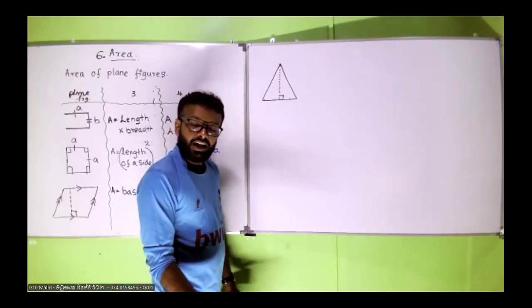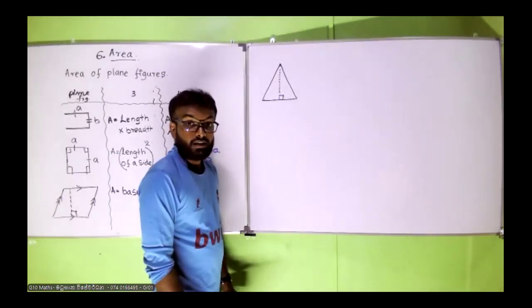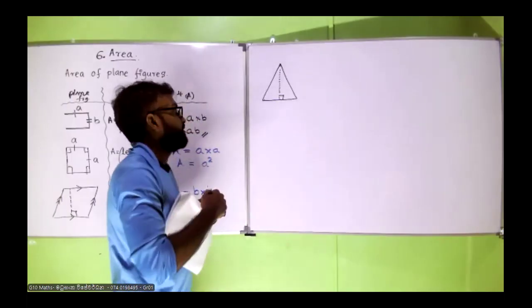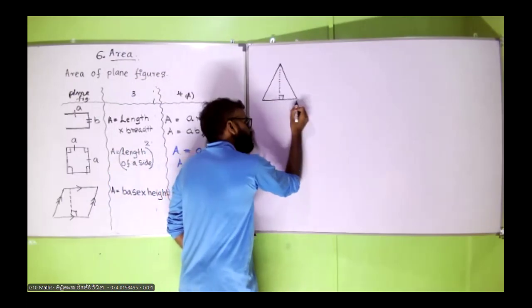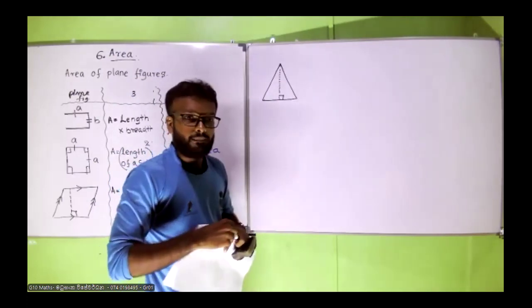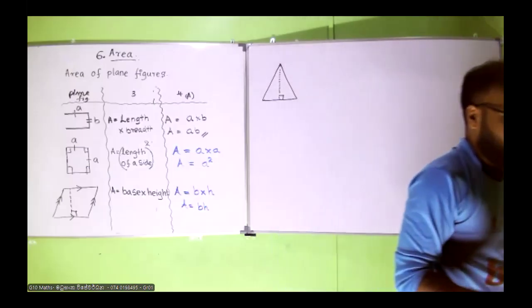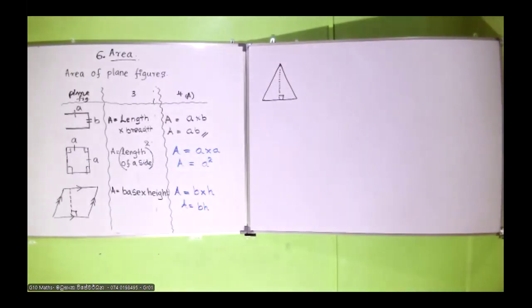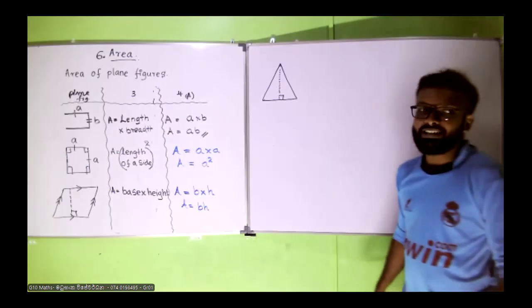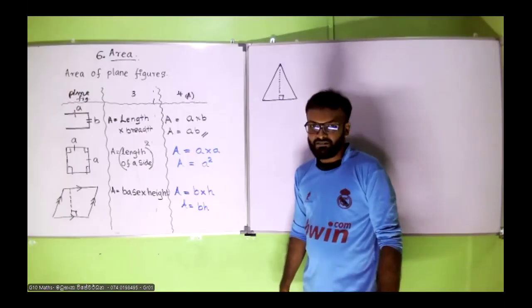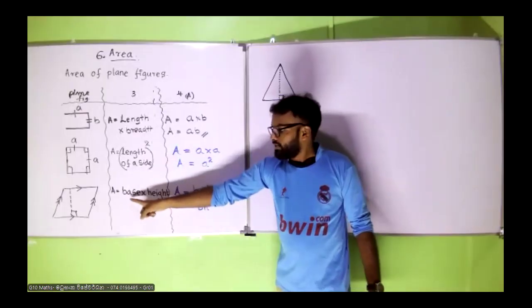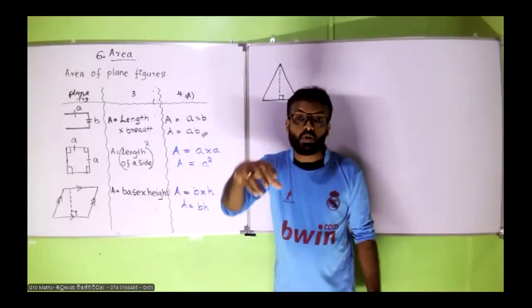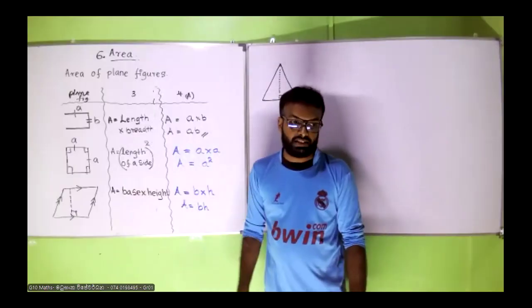But again, I am asking, what is this and what is this? Can anyone tell me? Base and perpendicular height. Half into base into height. Yes. So the same things can be applied here. That's why I explained these two words, base and height, for so much time.